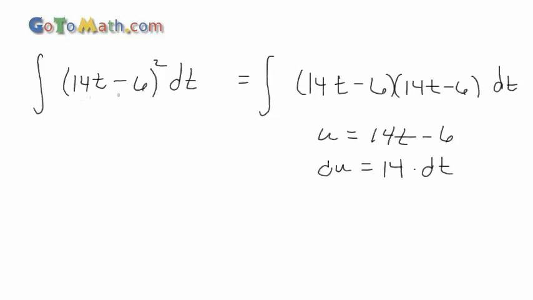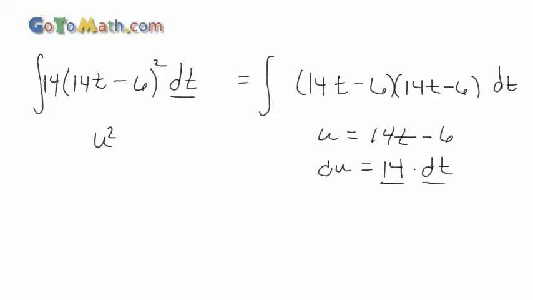Okay, now we're going to do the actual substitution. So this piece right here is u. Okay, so we have u squared, right? Now we have a dt right here. We have to substitute for this dt, but what we don't have is a 14, but that's okay. I'm just going to add a 14 right here.